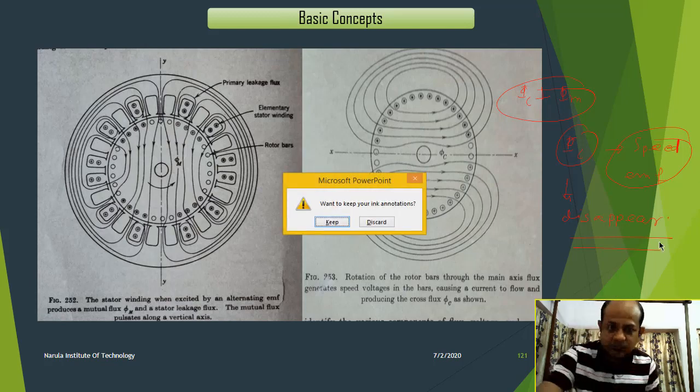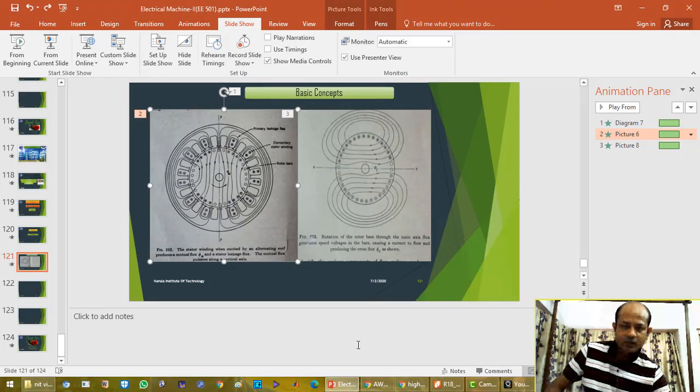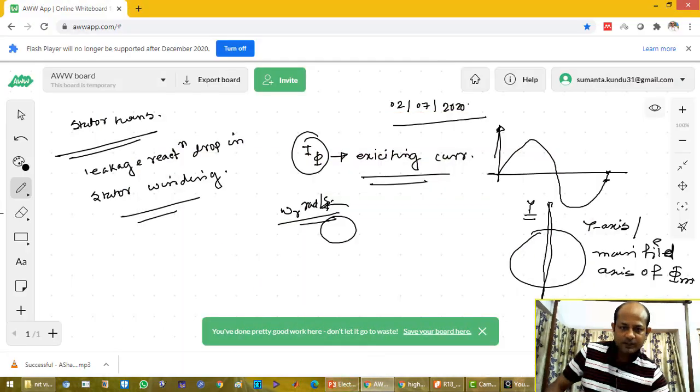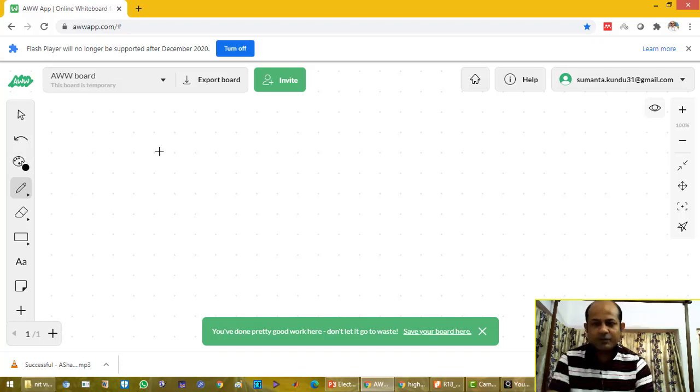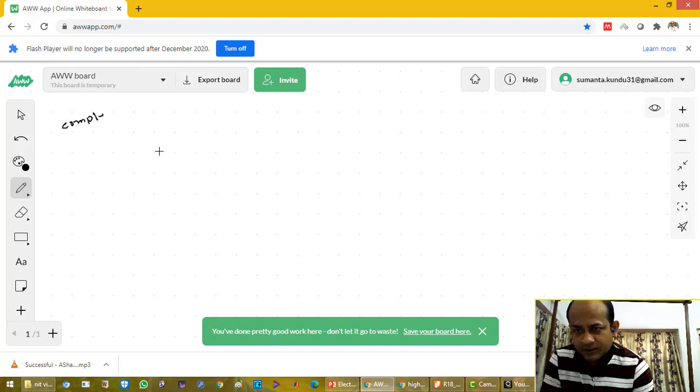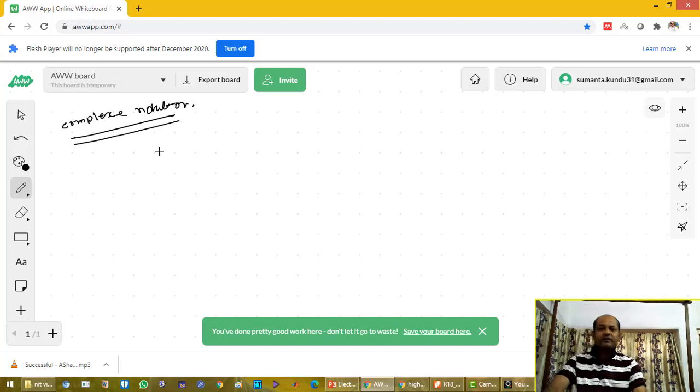Now we will see some complex notation used in this theory, to identify various components of voltage, current and flux.